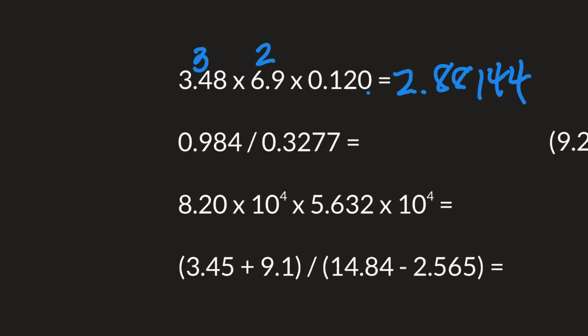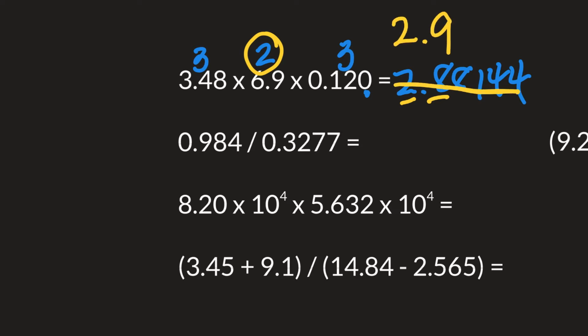Now, this 0 here, does that count? Yes, it does. It's on the right, and there's a decimal point. So that is 3 sig figs. But because this is only 2 sig figs, we're only going to round our answer to 2 sig figs, which would be 1, 2. Again, because the next number is an 8, I'm going to round that up to a 9, and there's your final answer.